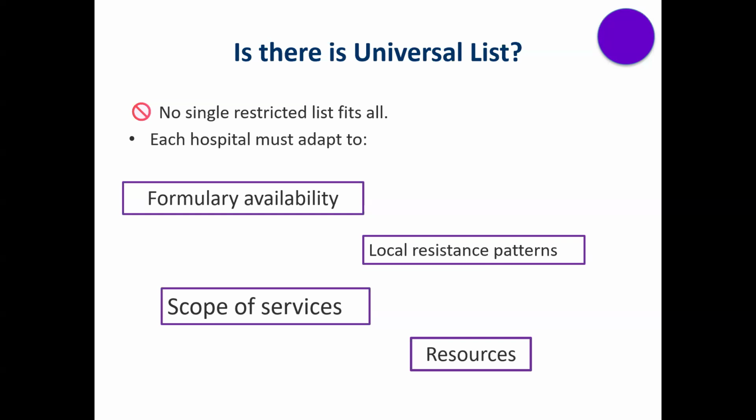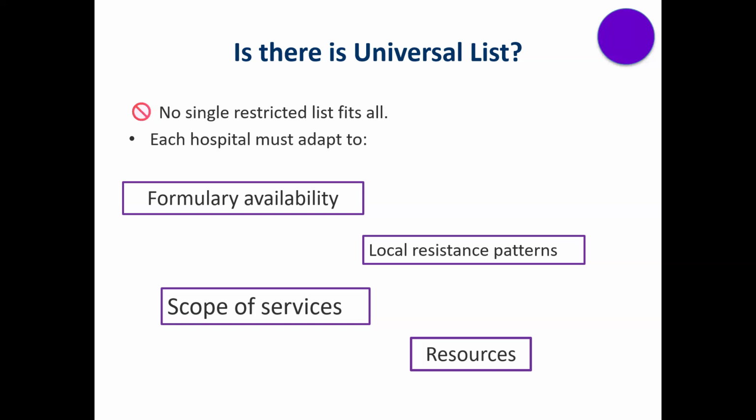Because as we know, not all hospitals are big hospitals. Sometimes the hospitals are small or they have a very narrow scope of services, so they are dealing with certain patients with certain criteria. Also, according to the formulary availability, the hospital should not include all the medications or all the antimicrobials that need to be restricted, and also based on the local resistance pattern.